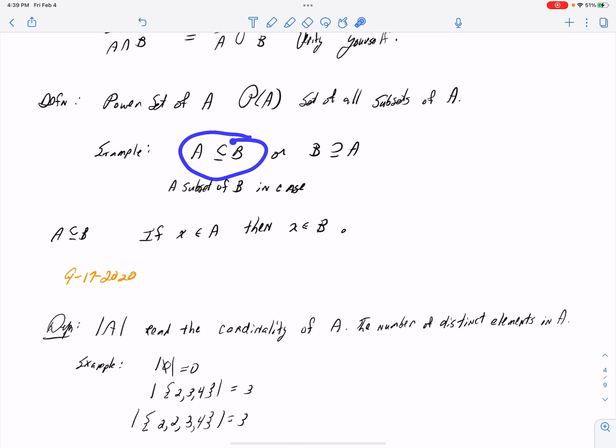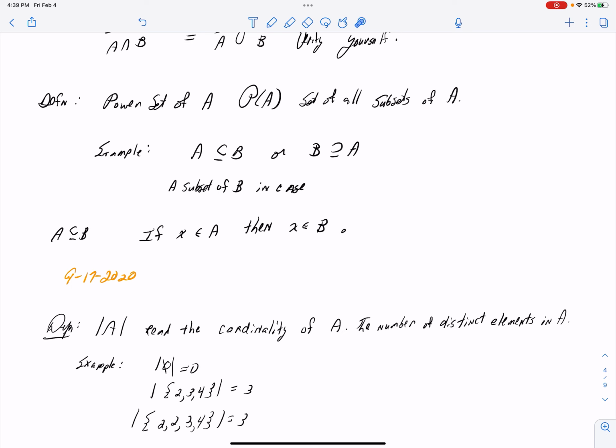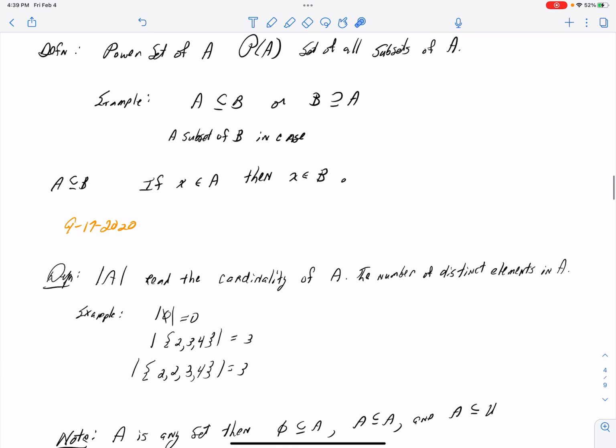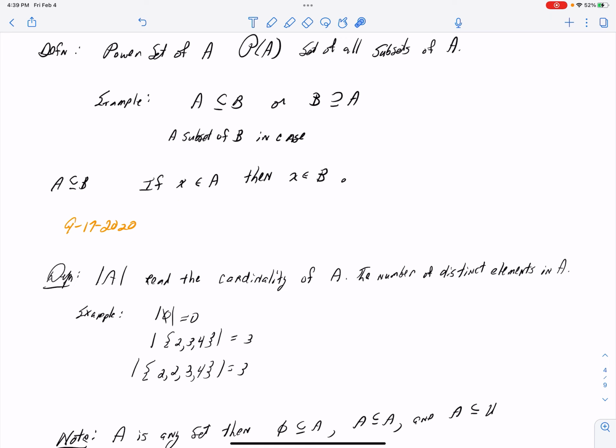A is a subset of B in case, and now I'm going to define it in terms of a conditional statement. The conditional statement is, if X is in A, then X is in B. Now, think about what it means for that conditional statement to be true. How do I prove a conditional statement is true? By proving it's never false.